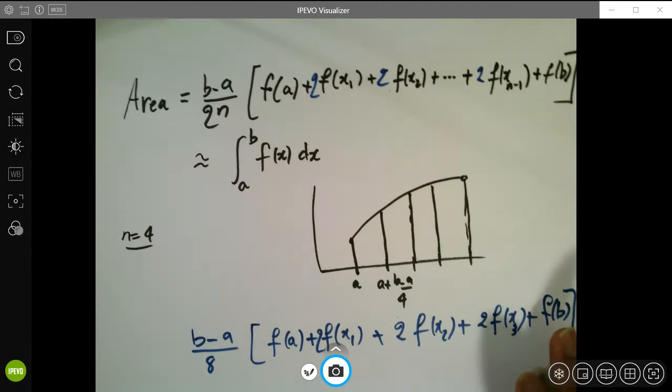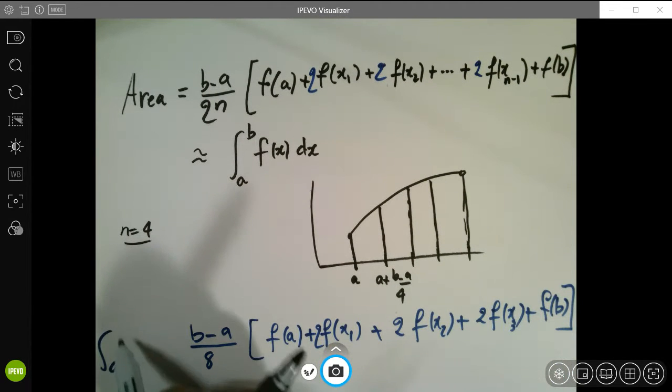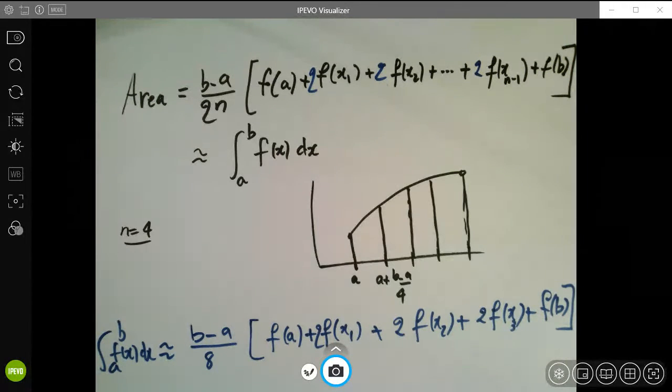Usually the homeworks deal with n equals 4. Now I will give you an example with sin x.